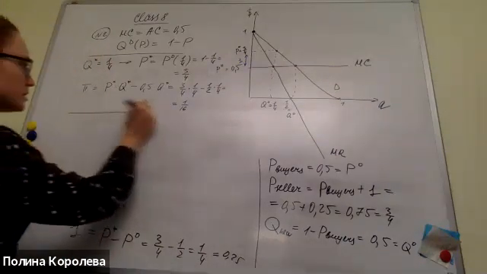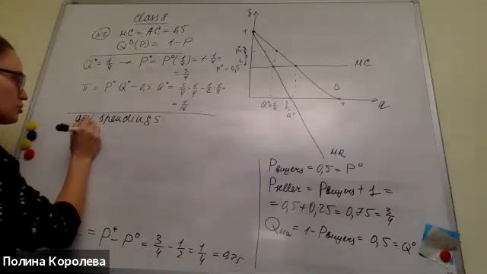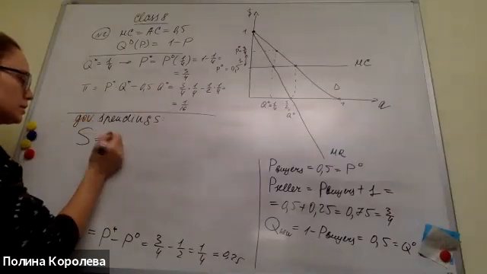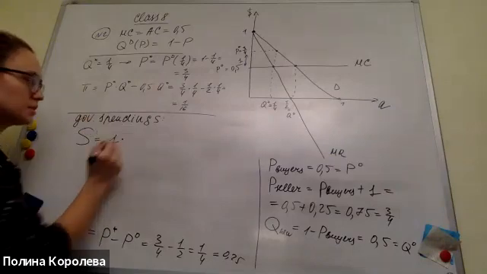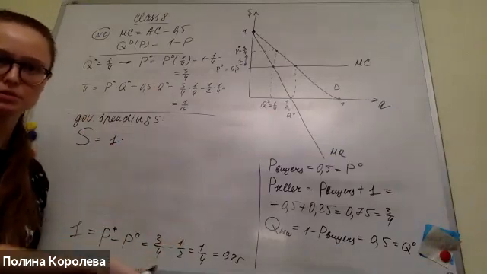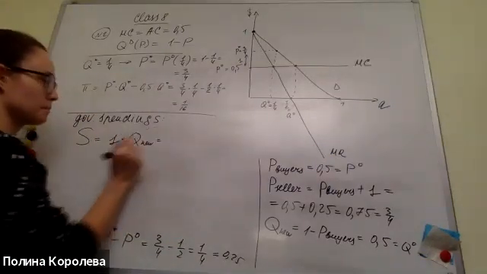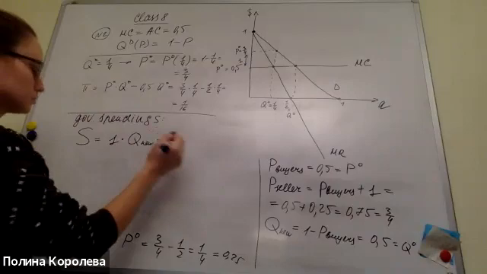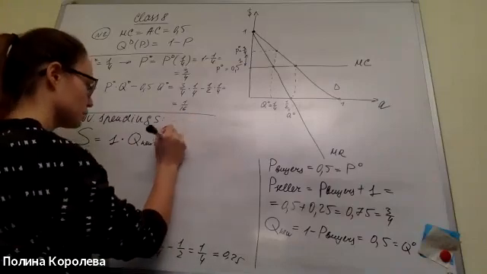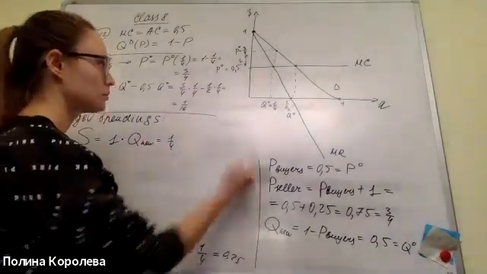So government spending, S capital, let's say, will be the per unit subsidy multiplied by the quantity that will be sold. And this is 1/4 multiplied by 1/2.